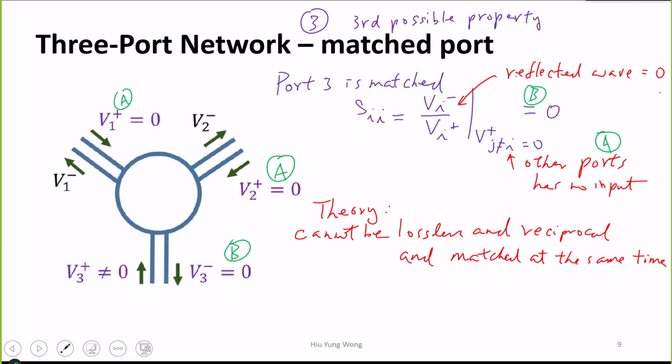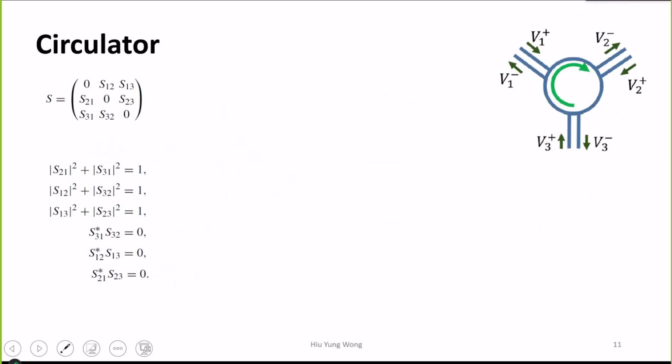Okay, so we talked about the 3-port network. And why? That is because now we want to talk about something called a circulator. If we do the 3-port network right, then we will be able to have a circulator, which means when I have an incident wave into port 3, it is only going to go to port 1.